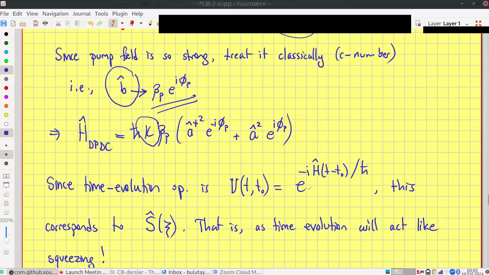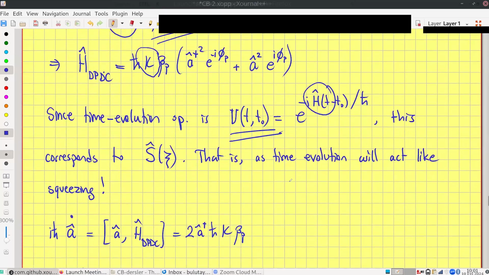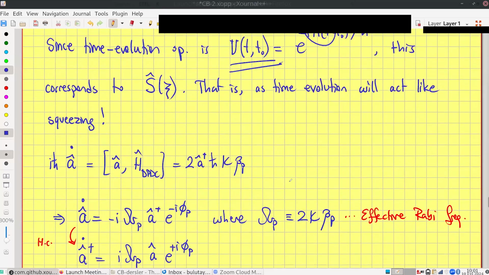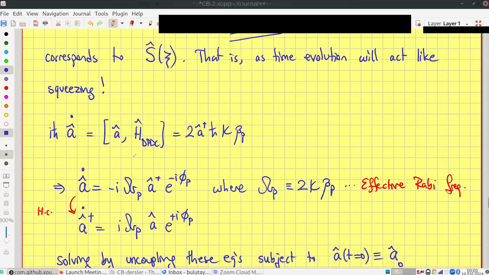But then, if this is your Hamiltonian, then in the time evolution, it's in the exponent. And once it is in the exponent, it's like a squeezing operator, and it is a squeezing operator. So that's how it jumps to the exponent. And then the daily gymnastics of quantum mechanics takes over.